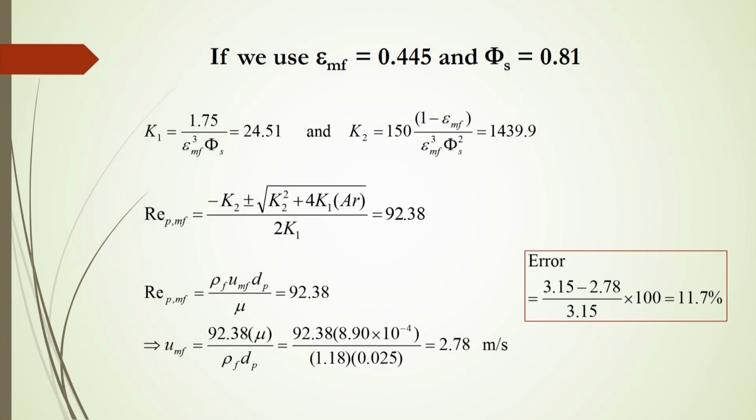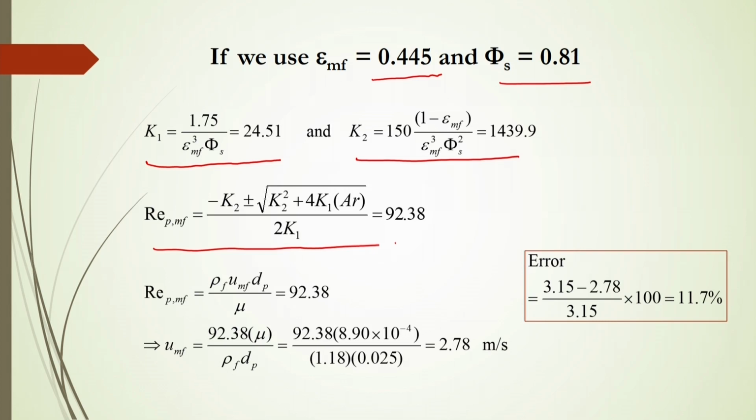Now, if we use this minimum porosity as 0.445 and the sphericity of 0.81, then you can get a different fluidization velocity at this minimum condition based on this equation, where you have to calculate first K1 and K2. The equation is a function of these parameters K1 and K2. Now, Re_mf is a function of K2 and K1.